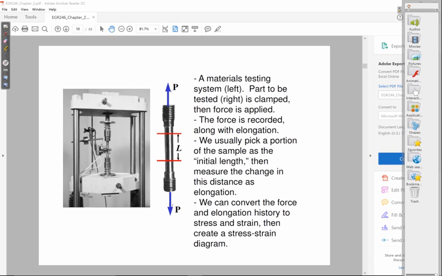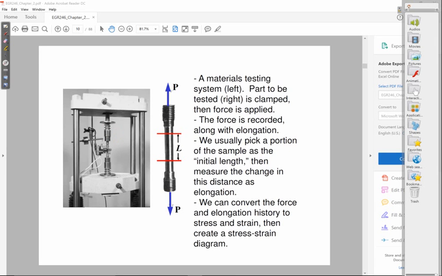In this example here, the top end is fixed, and it's going to have some kind of a holder. In this particular case, it's going to be a threaded fitting. So you machine a piece, as shown on the right here, with threads, and the threads just screw into the fitting on the materials testing system.